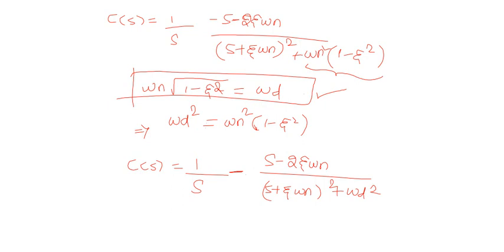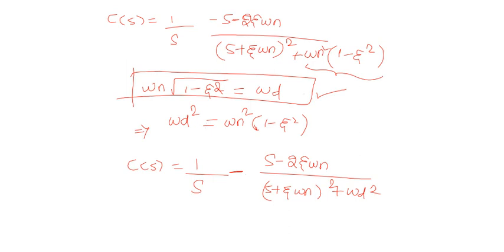Now we have to multiply and divide. So before going to the multiplication, I am rewriting this second term. Here we are having s minus 2 zeta omega n. So the 2 zeta omega n is also written as minus zeta omega n and minus zeta omega n.